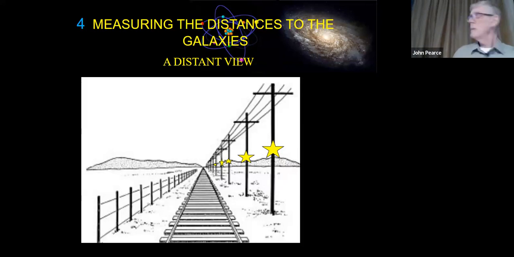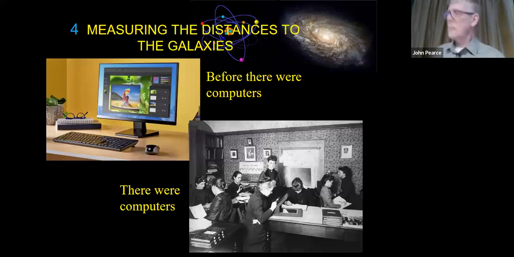I've thrown this one in because this shows the techniques that we used before computers were readily available. And I believe these ladies here were calculating in the Harvard astronomy group, and they effectively carried out all the computations on astronomical measurements that were made before there were computers.